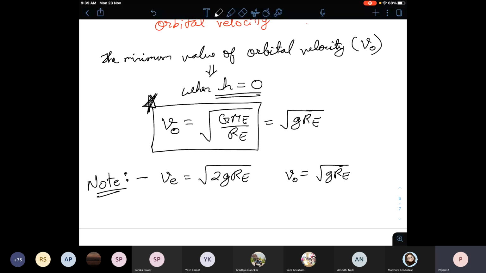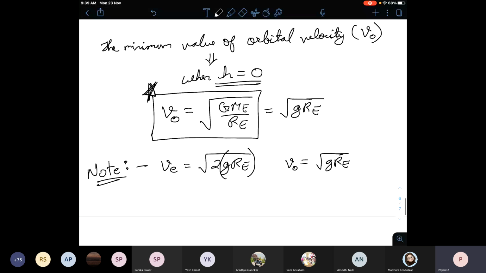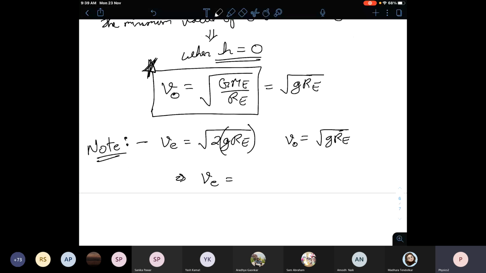So you can see here that this term can be completely replaced as V orbital. This creates a relation between escape velocity and minimum orbital velocity: escape velocity is root 2 times minimum orbital velocity. This is the result which you have to remember. Hope it is clear.